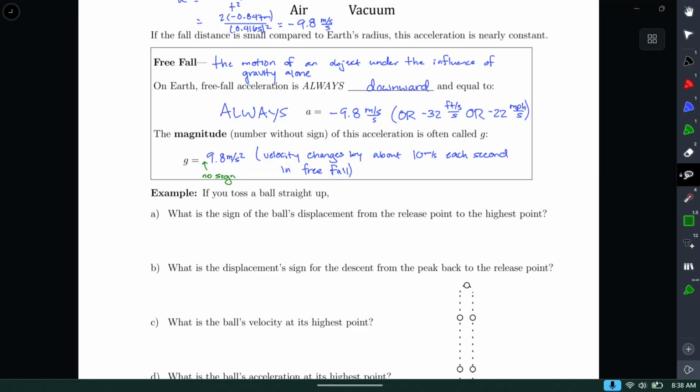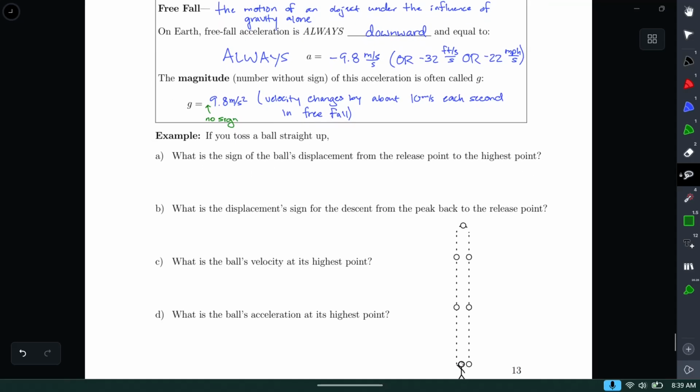And this is the confusing thing about free fall. It may not happen today, may not happen tomorrow, but there will come a day where you get asked a question that the answer is, as it always is, negative 9.8, and you won't want to say it. So I'm going to warn you of that now and really stress this. Put a big circle around this so you remember this one.